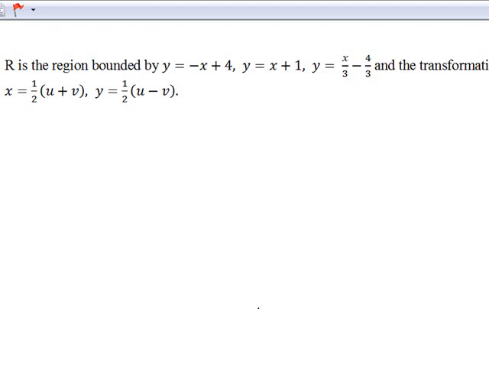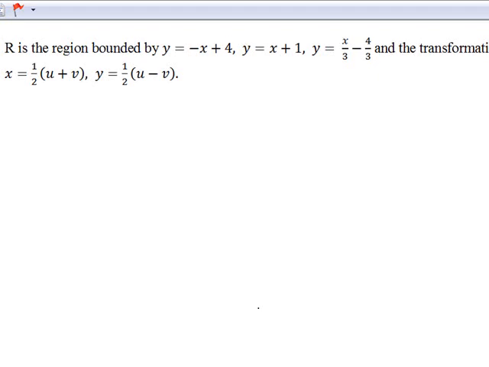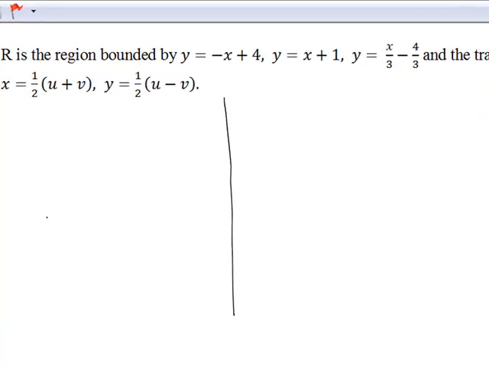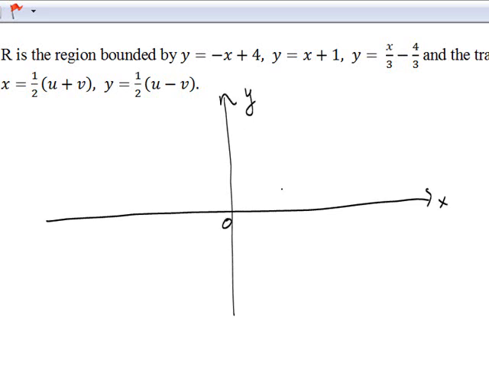Now the first thing that I want you to see is what this whole region R looks like, and why it's advisable to use that transformation. So let me show you what it looks like. Okay, so I'll just tell you, okay?